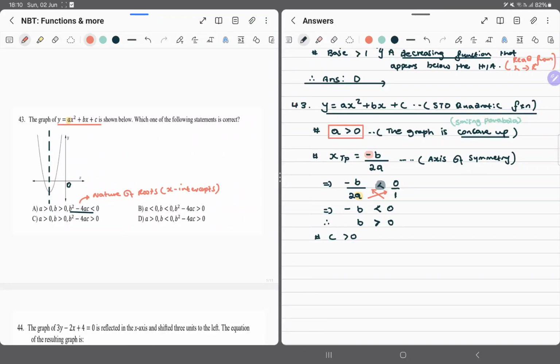Okay. So, do we see any x-intercepts here? Yes, we do. There's one there and there's one there. So when we see them, it means they exist. And if they exist, that means our roots are real. When we say real, we mean they exist.